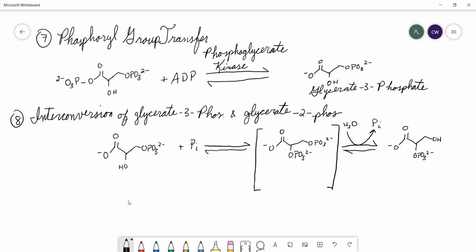So both of these reactions, both equilibria, are catalyzed by phosphoglycerate mutase.